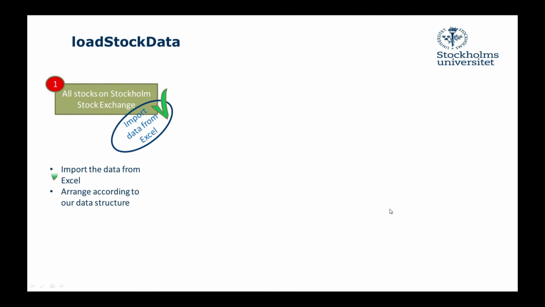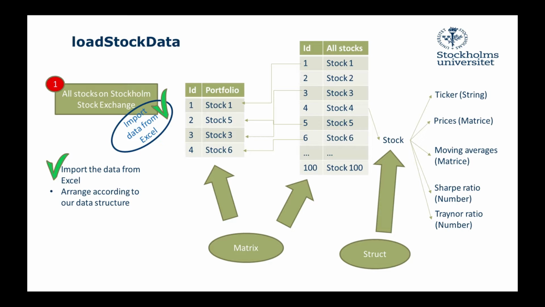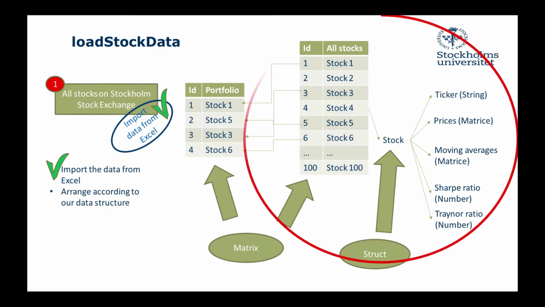we have imported data from Excel, and now we have to arrange it according to our data structure. Let's take a look at it. If you forgot a little bit how and why we arrange it like that, you can take a look back at our video on basic variables. And today we're going to work on this part, which is selected by the red circle.